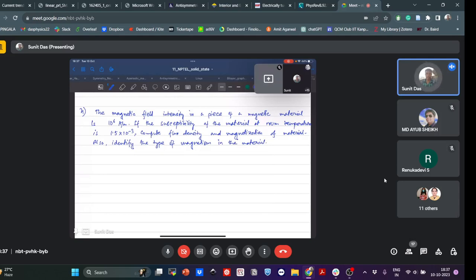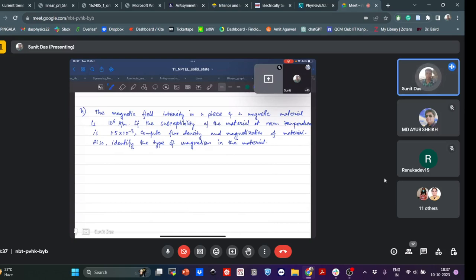Okay, so the question is: the magnetic field intensity in a piece of magnetic material is 10 to the power 6 ampere per meter. If the susceptibility of the material at room temperature is 1.5 into 10 to the power minus 3, we need to compute the flux density and magnetization of the material.